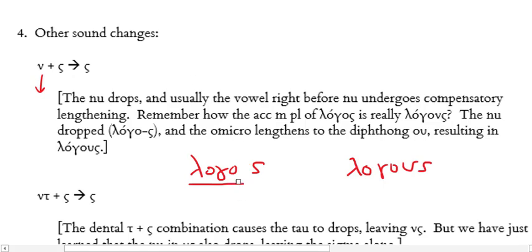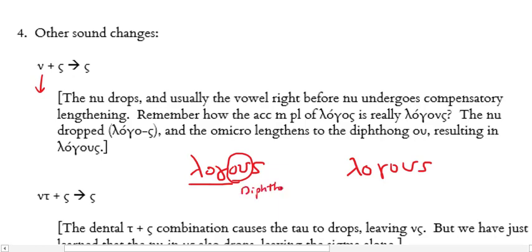And this is something that happens frequently in language. When I lose a consonant and it goes away, languages tend to compensate for the loss of a consonant by lengthening a short vowel into a long one in the environment where a consonant is lost. And so this short omicron is going to compensatorily lengthen into omicron upsilon. Now remember, we call that a diphthong, right?